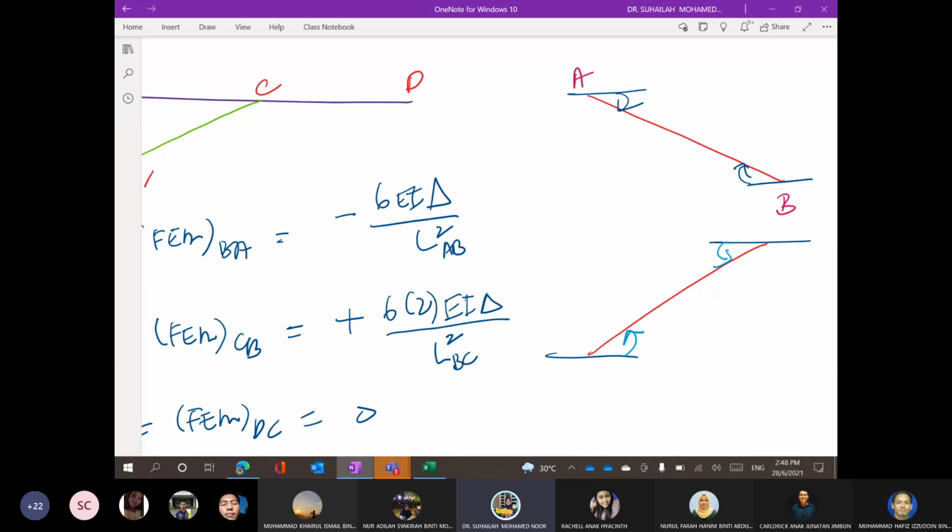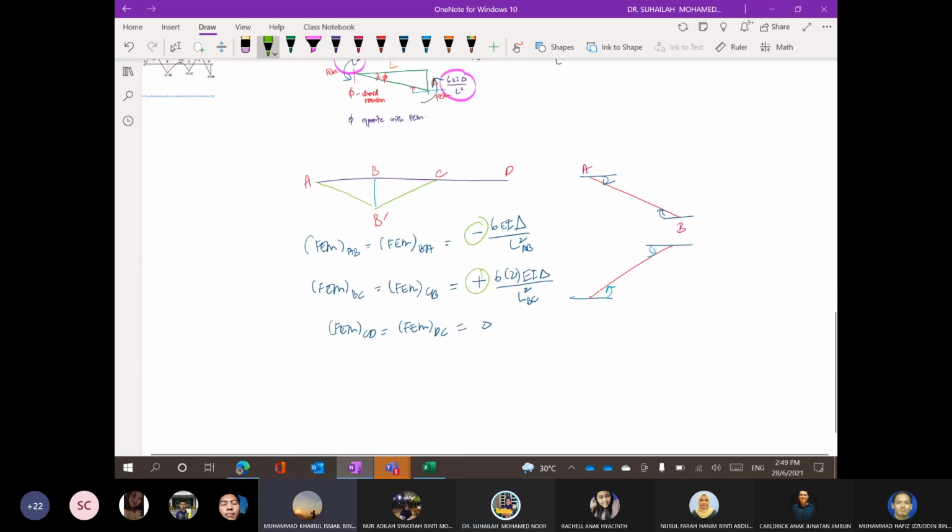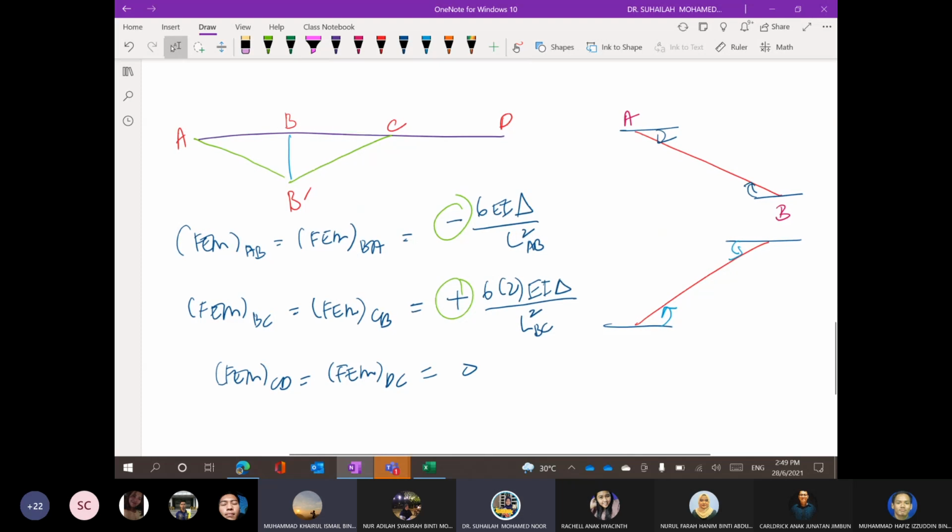When angle is positive, FEM is negative, and when angle is negative, FEM is positive. Clear that one? Clear, madam.